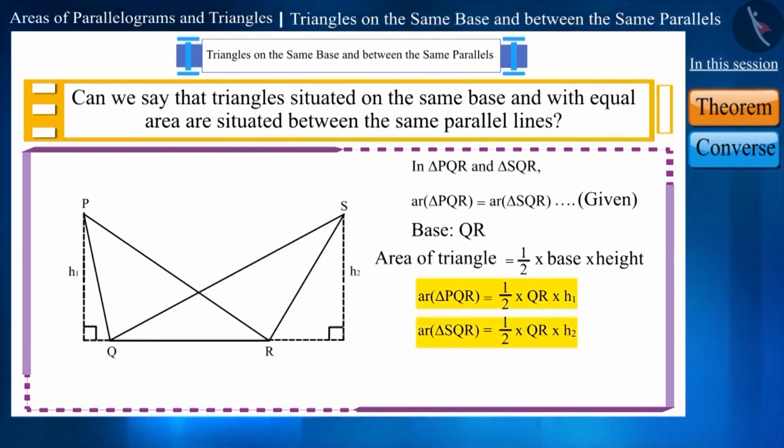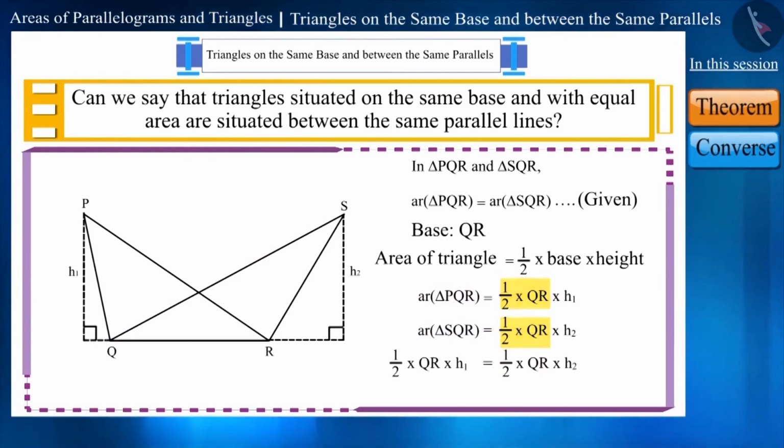Now, if we look at these two parts, then we will see that 1 by 2 and the base are common. If we solve further, there's only height that is left. So, we can say that H1 is equal to H2. This means the height of triangles PQR and SQR is the same and vertices P and S will be equidistant from side QR.